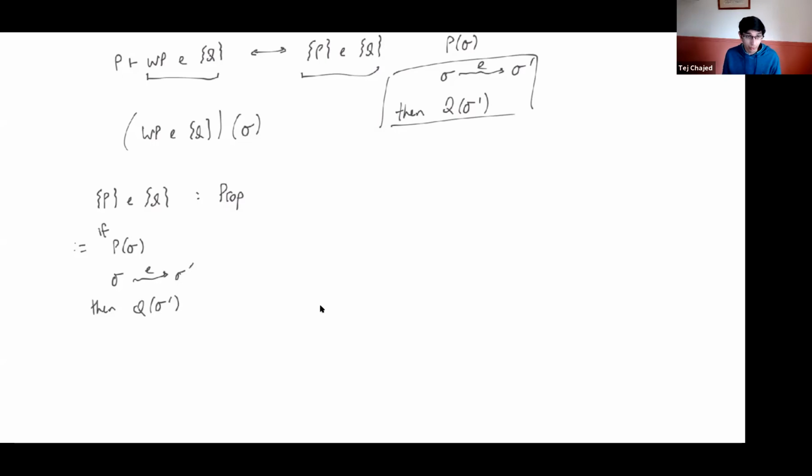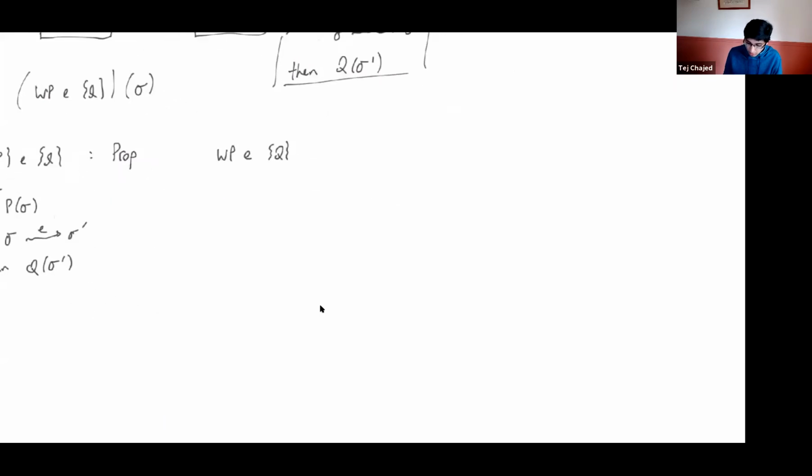There's an alternate way to represent specifications of programs, which is this definition WP of E for some postcondition, which is what's called the weakest precondition.